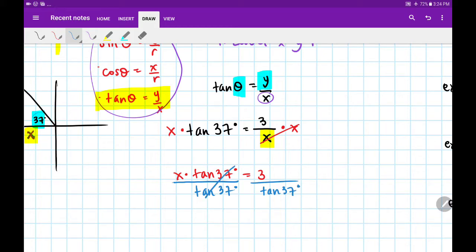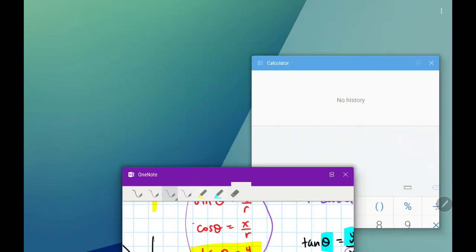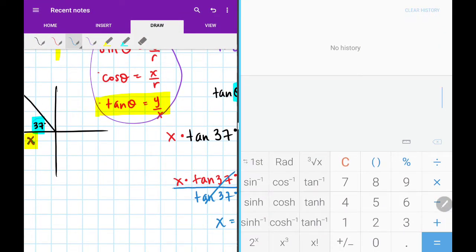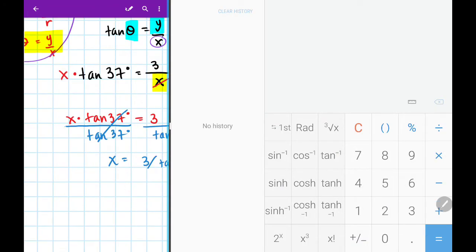Now I use my calculator and just type into it x equals 3 divided by tangent of 37, and let's see what we get. So I'm going to try it on my calculator over here. 3 divided by tangent of 37.